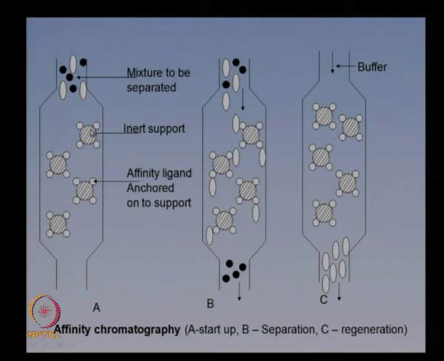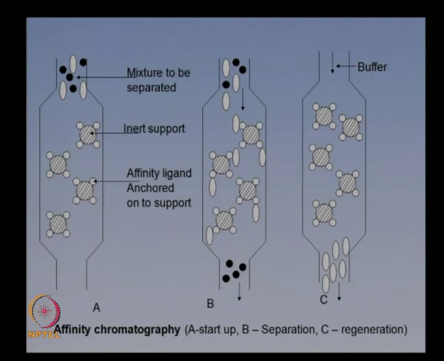So proteins which are complementary to the ligands get bound, other proteins travel down, they get removed. So these proteins which are now bound can be removed by changing the buffer conditions, salt conditions or pH, so that they get removed and they get enriched here. Now again the column is ready for one more set of purification operation. This is how affinity chromatography works.